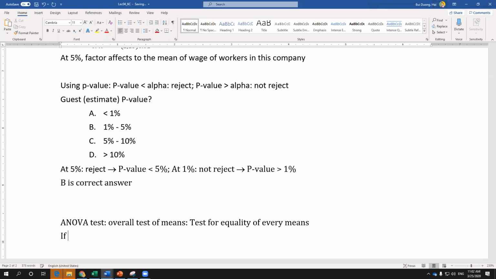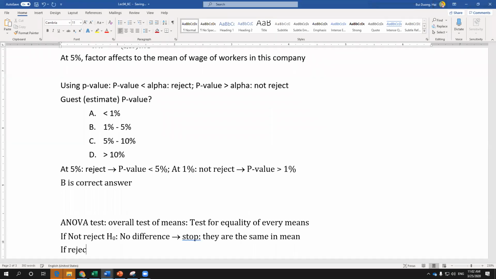If not reject, that's H0, no difference. That means stop. They are the same in mean. Therefore, the factor does not affect.